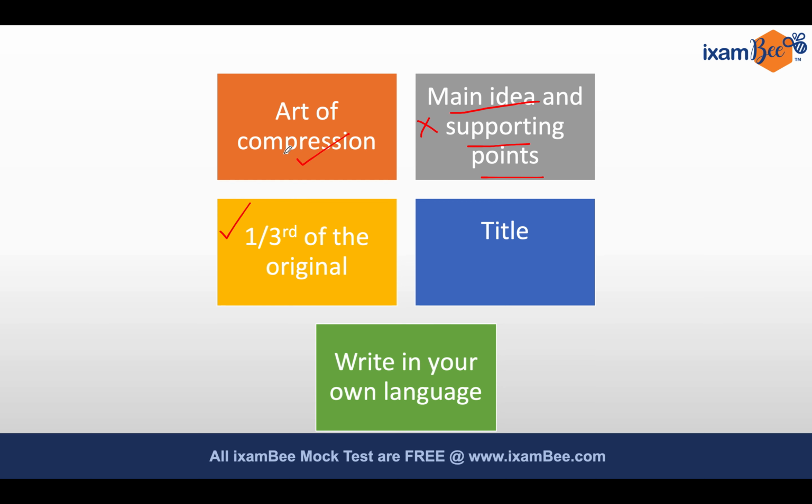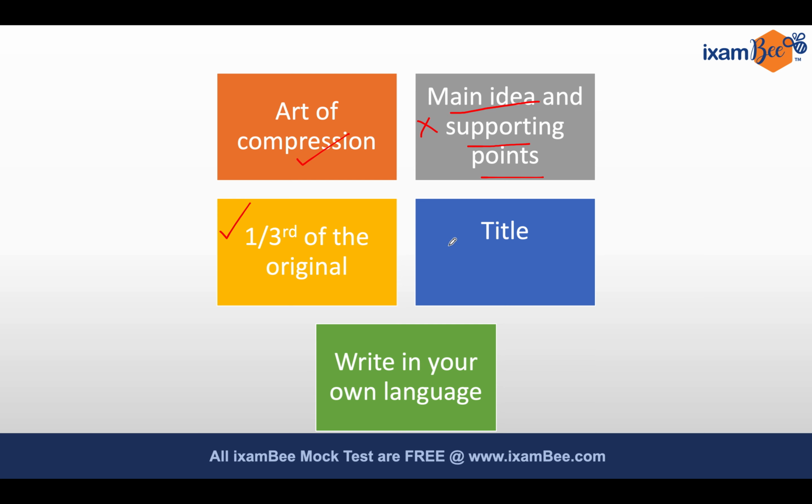If you overshoot the word limit or you do not meet the lower limit, your marks would be deducted. Another very important point is the title, right? If your Precis doesn't have a title, that will also fetch you low marks. So what about the title? Please remember your Precis should have a title. The title should be short, it should be crisp, it need not be too long and too wordy.